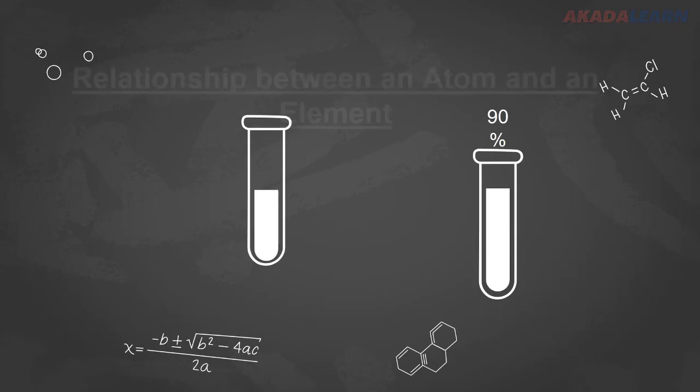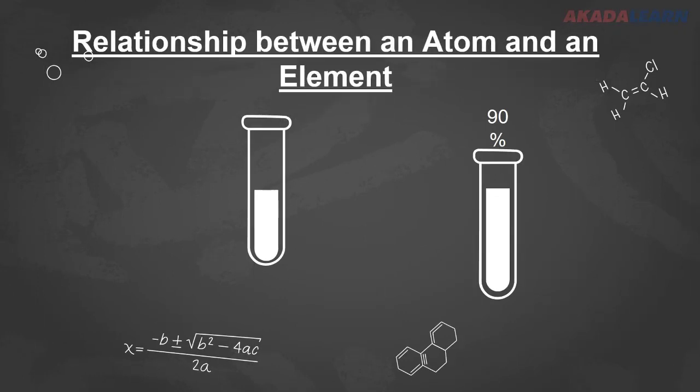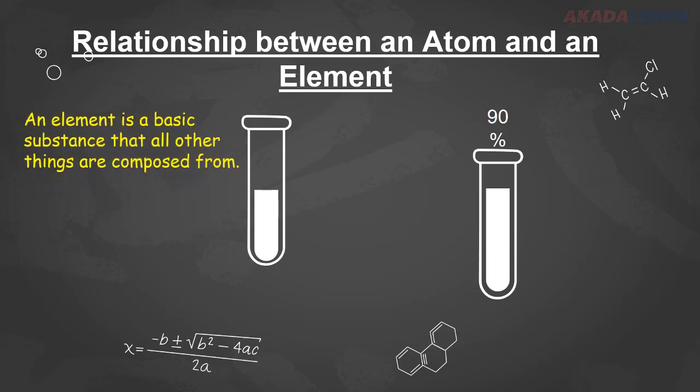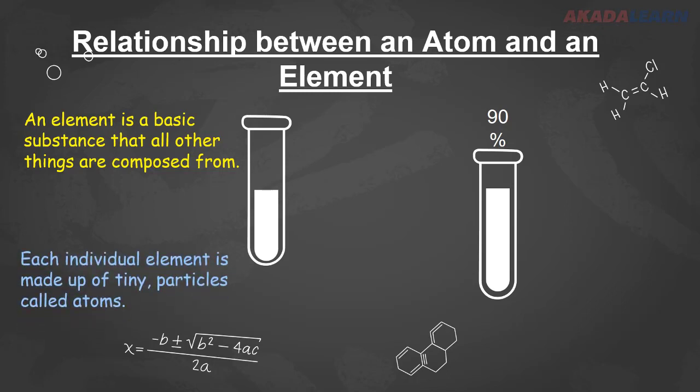Let's now take a look at the relationship between an atom and an element. I'll give just quick and brief definitions. An element is a basic substance that all other things are composed of. Meanwhile, each individual element is made up of tiny particles called atoms. The atom is the smallest complete unit of an element.